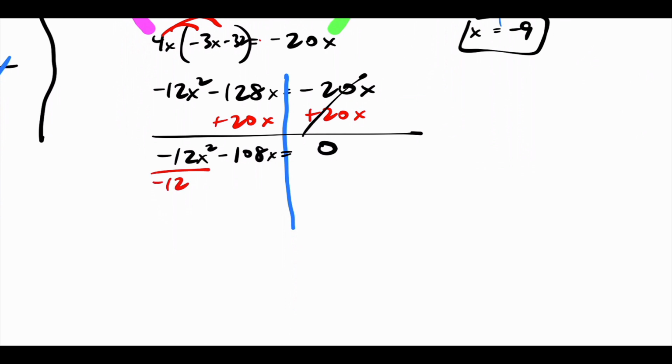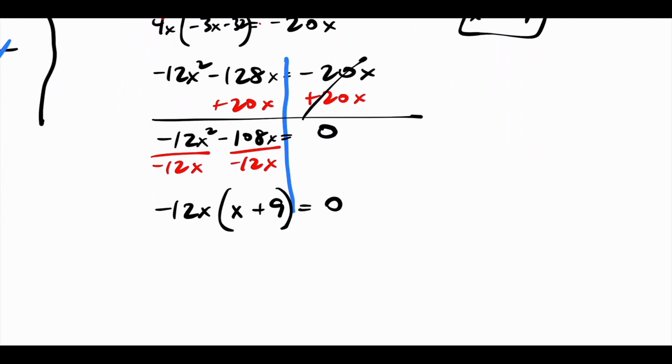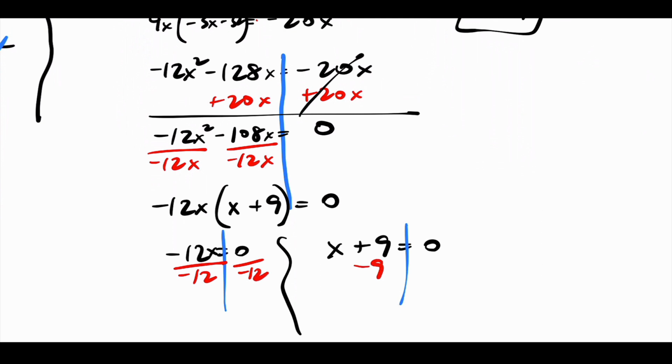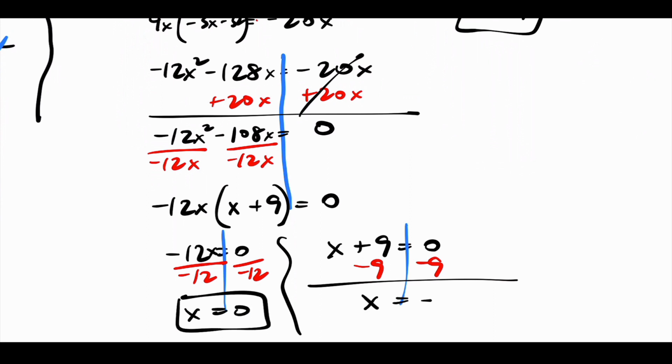GCF is -12x. X plus 9. -12x equals 0. X plus 9 equals 0. Divide by negative 12. Subtract 9 from both sides. You get x equals 0 and x equals negative 9.